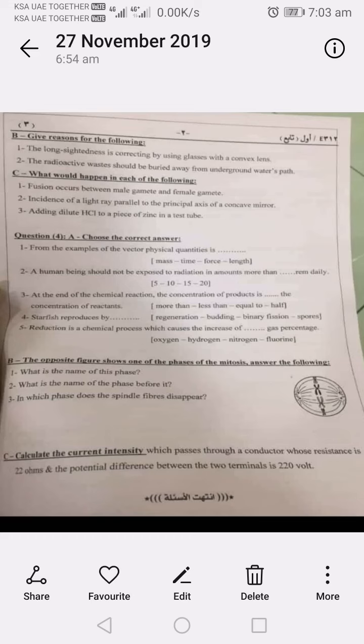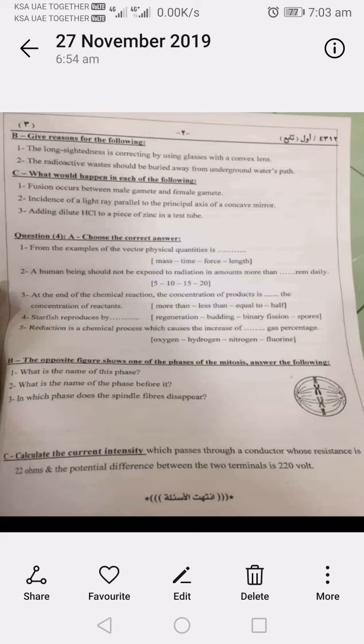The opposite figure shows one of the phases of mitosis. What is the name of this phase? The answer is metaphase. What is the name of the phase before? The answer is prophase. In which phase do the cell spindle fibers disappear? The answer is in telophase.